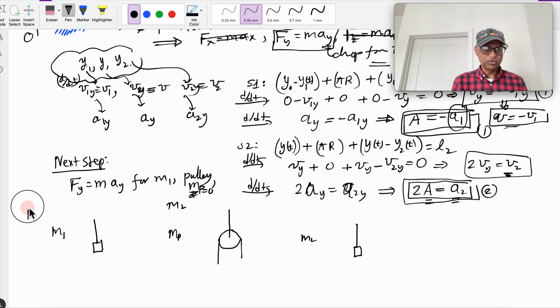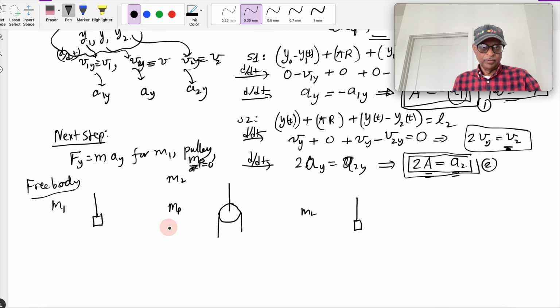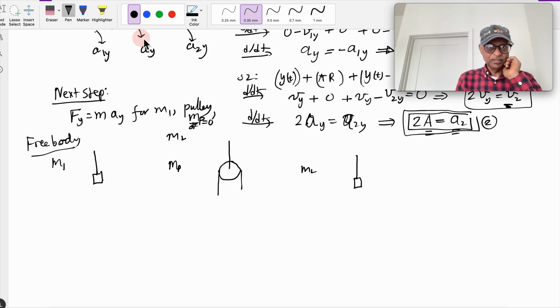So these are the free body diagrams. All right, so in this one, you can already tell this is going to be tension 1 and mg, and the y-axis points that way, and we're using acceleration a1.